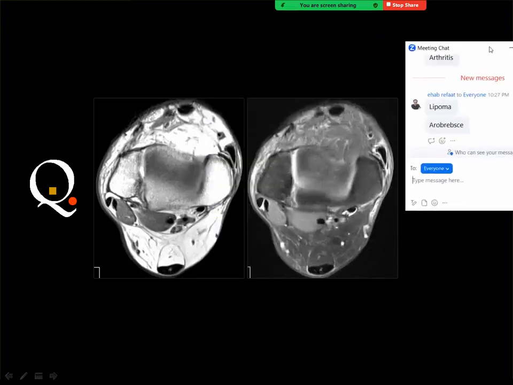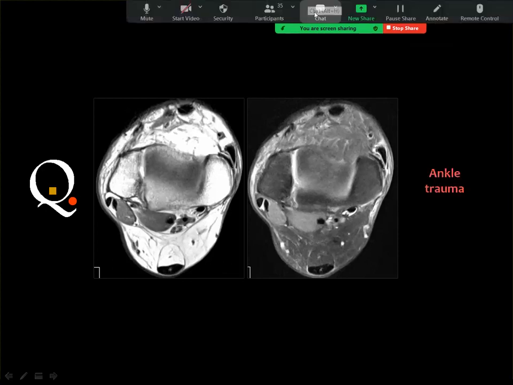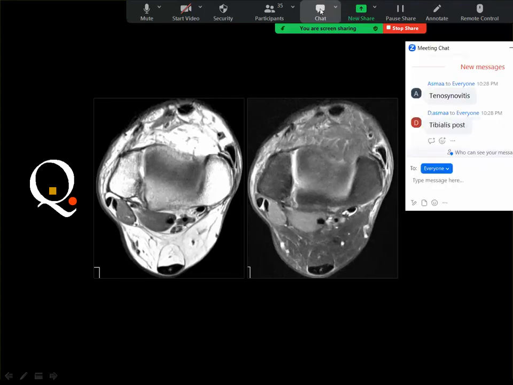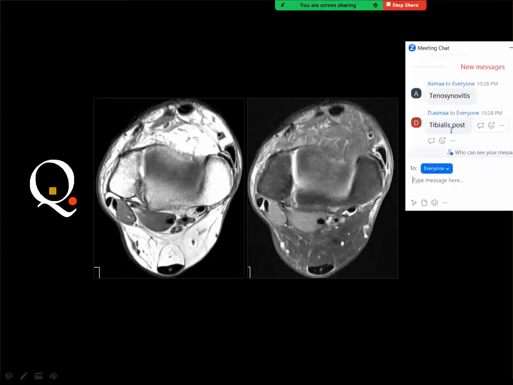No. Any other suggestions? Yes. What about the tibialis posterior?